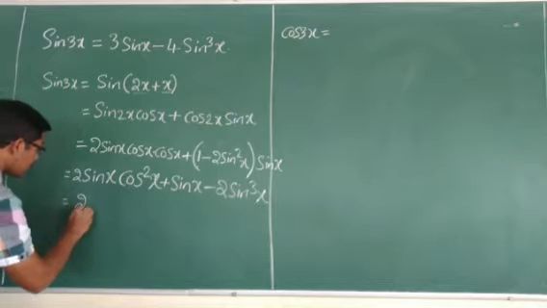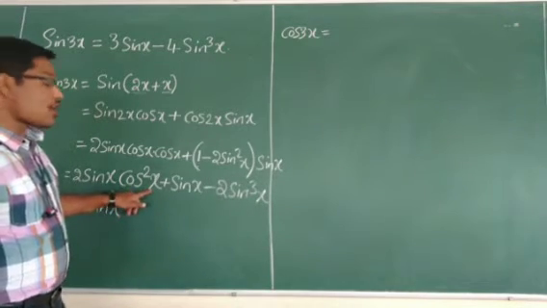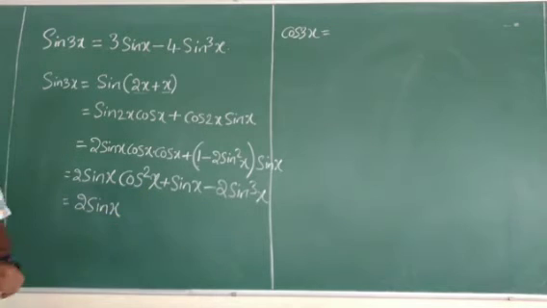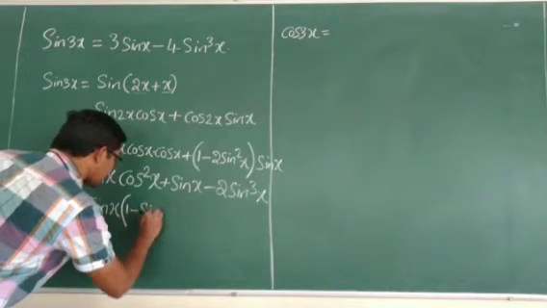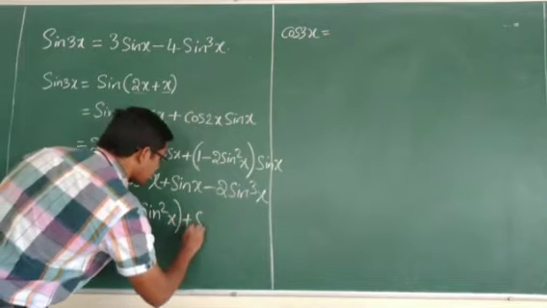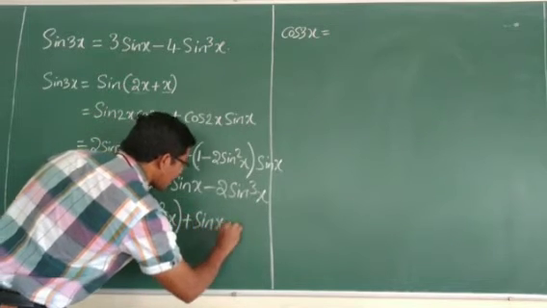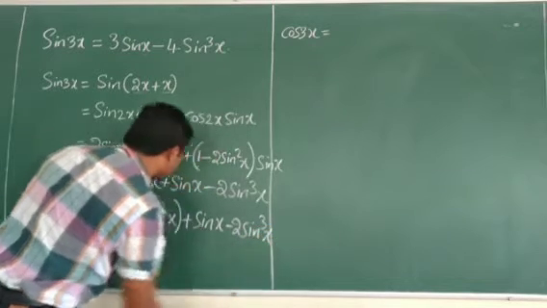This is equal to 2 sin x. Now here we have cos square x. Cos square x we will convert in terms of sin. So we can write this as 1 minus sin square x plus sin x minus 2 sin cube x.